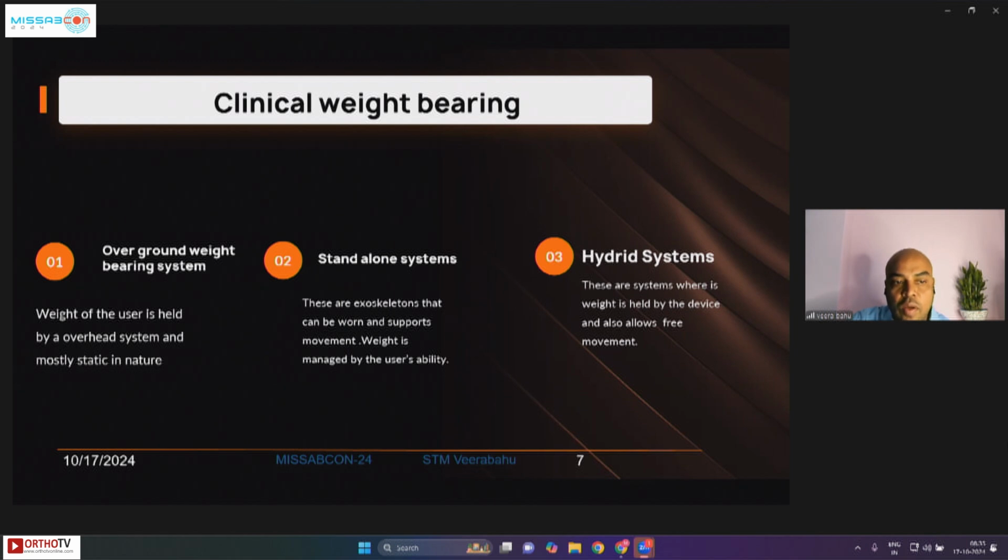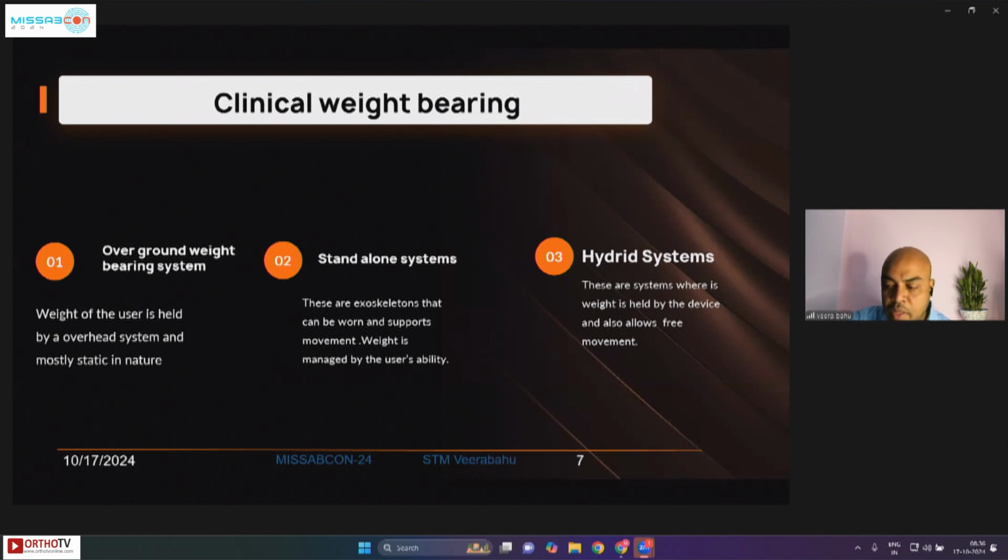Standalone systems are basically exoskeletons which can walk as mobile devices and help them move, and this basically needs some kind of upper body strength or structural integrity for them to walk alone. So that would be the second system.